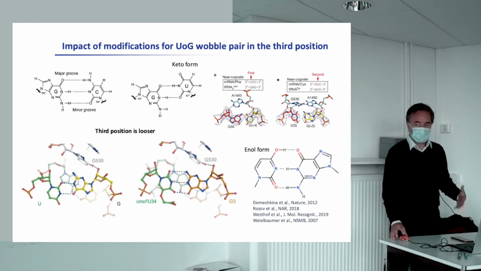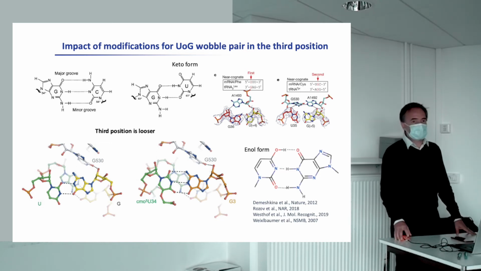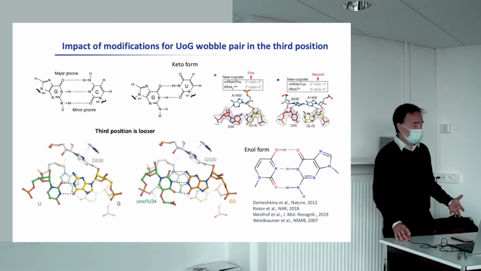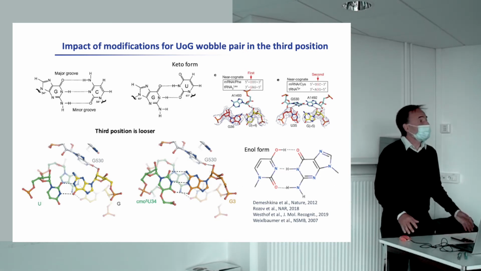So a different one. When you have a Watson-Crick interaction, the stability is higher because you have possibly one more hydrogen bond that is formed, and also because the stacking between position 34 and position 35 here increases.